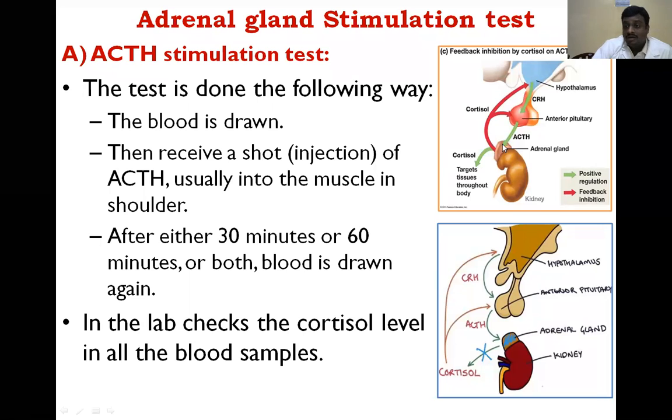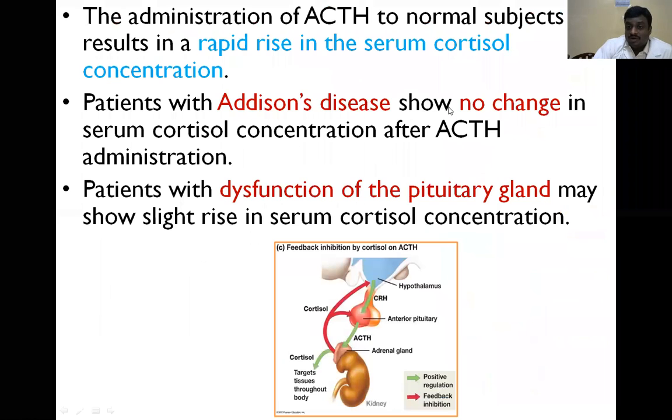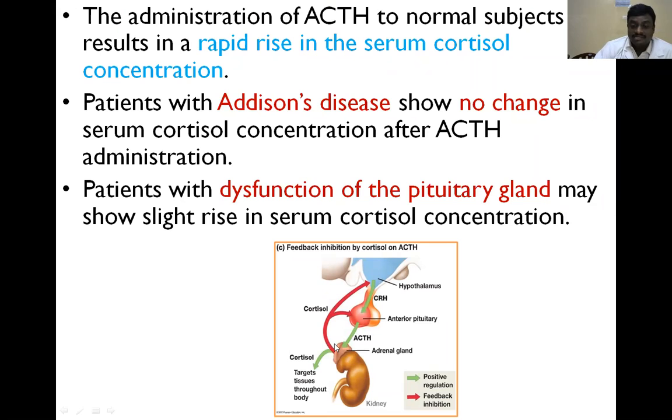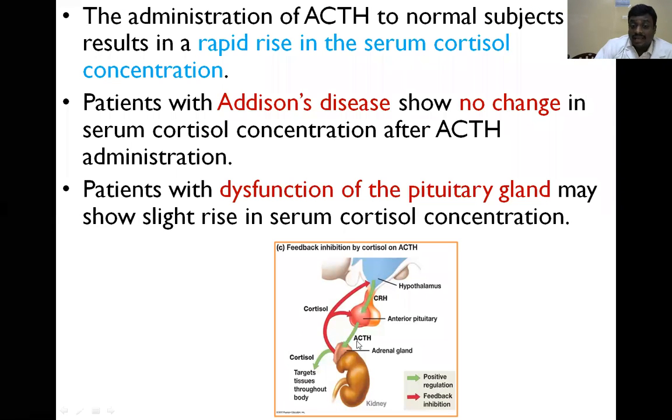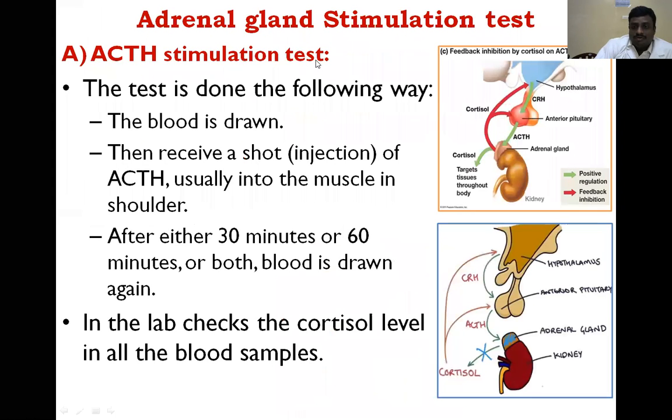If it is not in normal condition, the cortisol may be reduced. In Addison's disease, this is what happens: no change in serum cortisol concentration in the blood. The adrenal gland size is greatly reduced, due to the abnormal structure of the adrenal gland, so the adrenocorticotropic action does not take place on the adrenal gland. So this is the first test, the adrenocorticotropic hormone stimulation test.